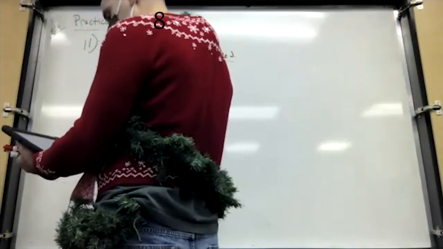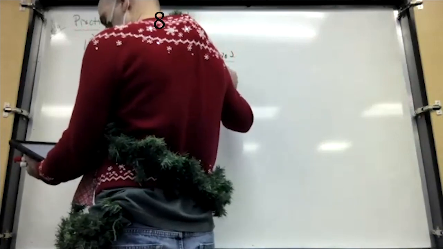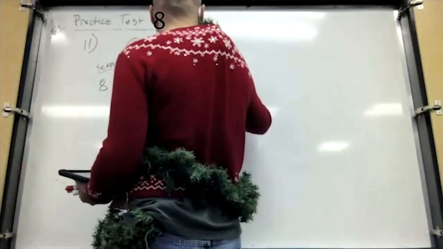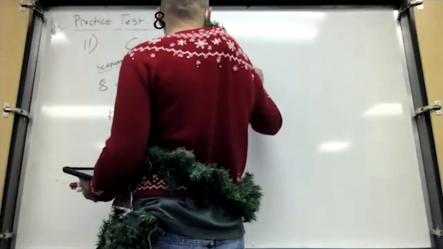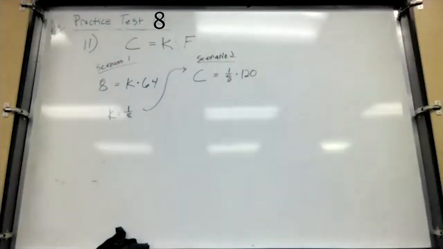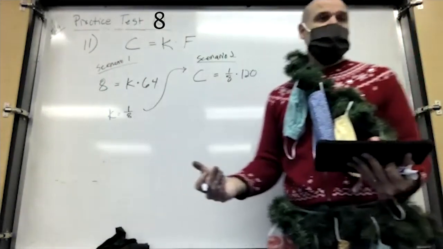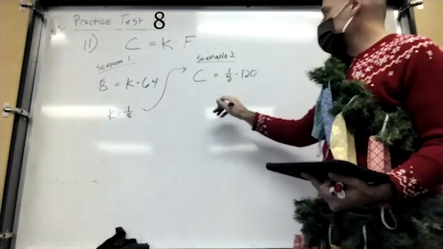Scenario 2 says, how many cups, that's a variable, are there when there's 120 fluid ounces? So 1/8 times 120. All we did was plug it into that top equation in both scenarios. Now that we know our K, because we had to use scenario 1 to figure out our K, now we can solve that. All right.